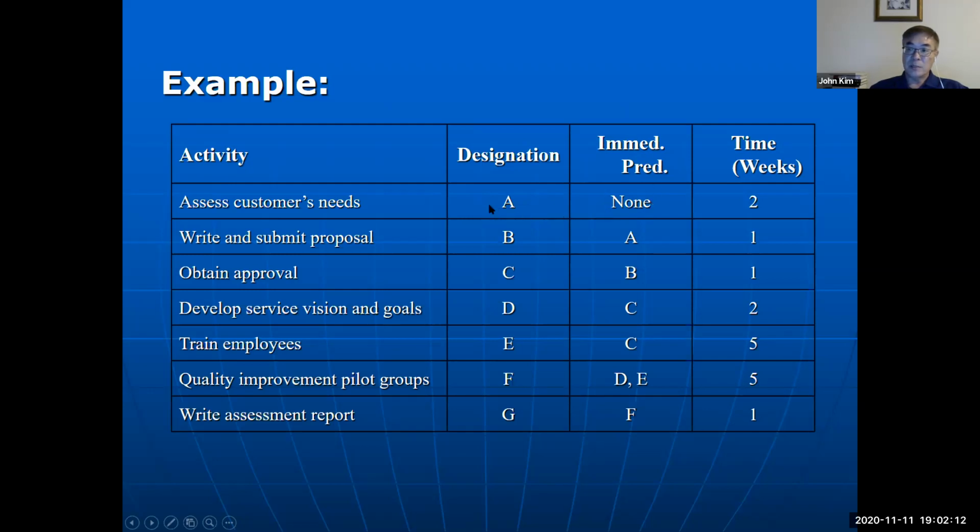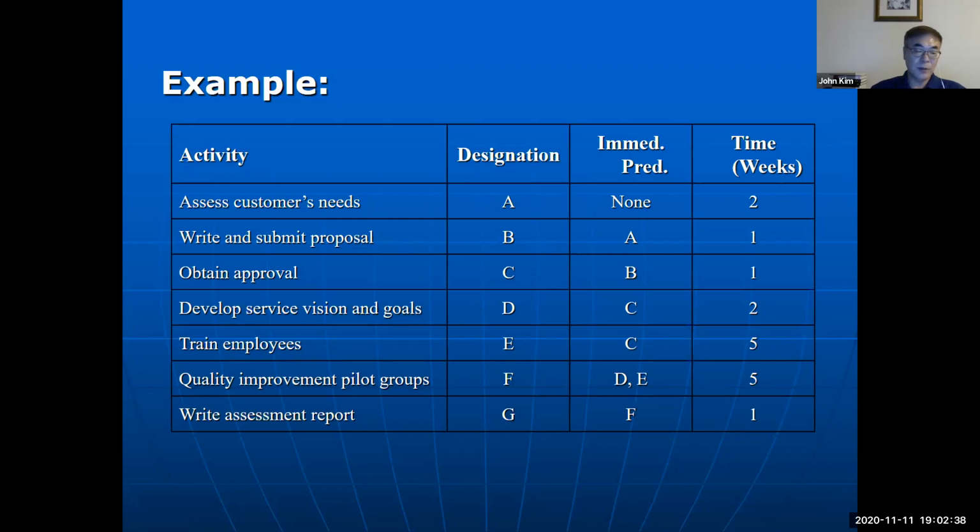That means this one is the starting point. And then there is a sequence. Activity B can start after A finishes. And then C after B, D and E after C, and so on. And then the time for each activity or task.